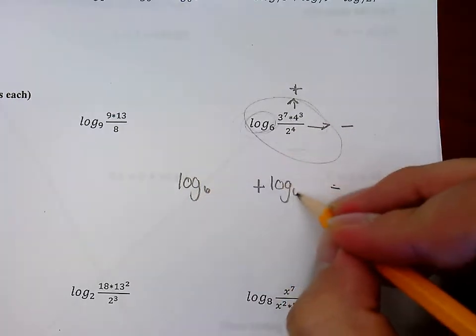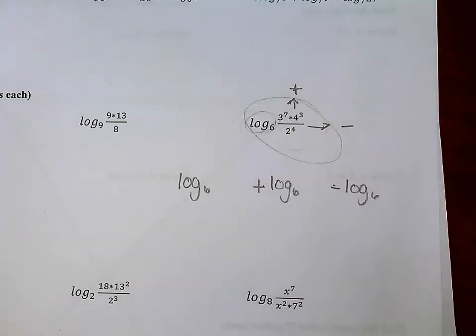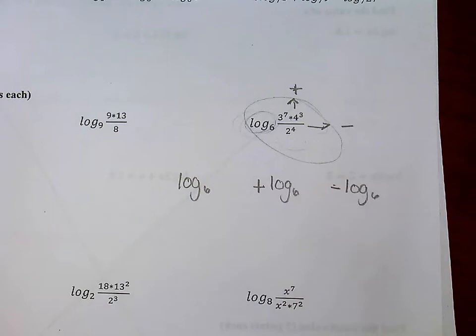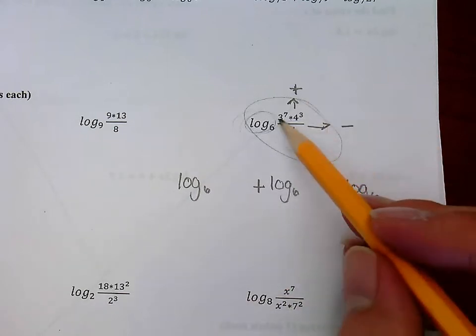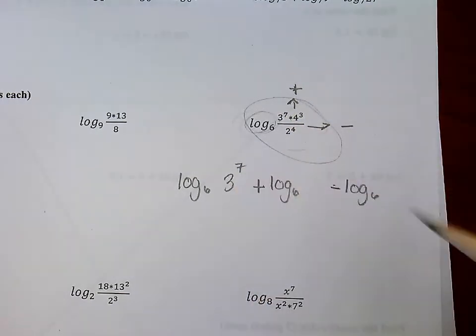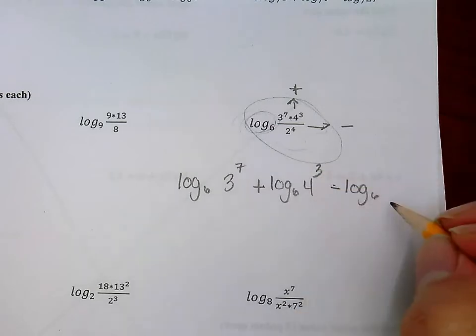Otherwise, this problem won't be the same thing as when we started. So I'm going to put the log base 6 because that's not going to change anything. What comes next is what comes in order. So first we see the 3 to the 7th power. Then we see the 4 to the 3rd power. And then we see the 2 to the 4th power.